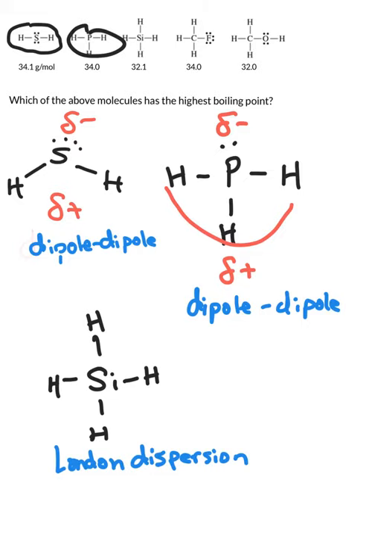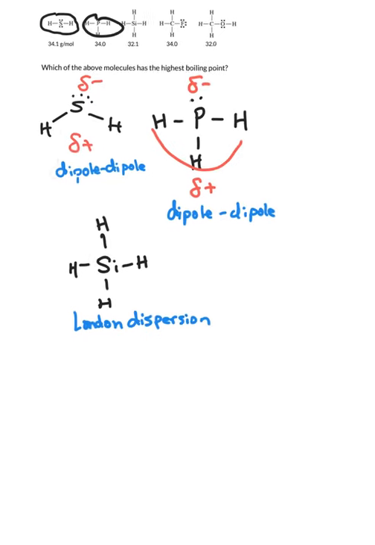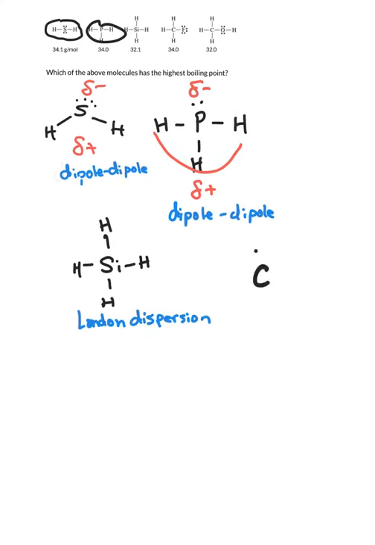For CH3F, we again have a tetrahedral molecule, a central carbon atom with 3 hydrogens bound to it, and a fluorine off to one side. While this is a tetrahedral molecule like silane SiH4, it is not completely symmetrical because the fluorine on this side is different from the hydrogens on the other sides.